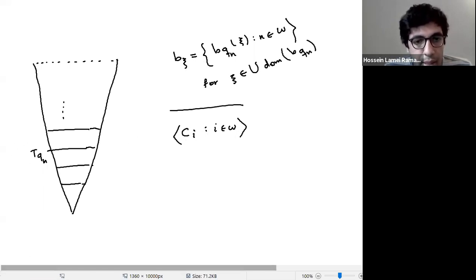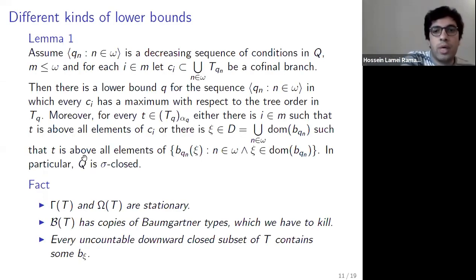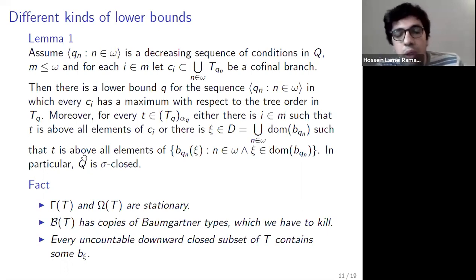Okay, and the lemma is saying that we can act as freely as we want. No matter what the sequence of CIs are, as long as they're countable, we can add top elements for the CIs and BQs, big psi, and have a lower bound for the sequence.